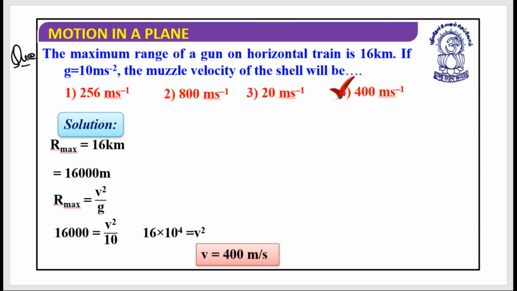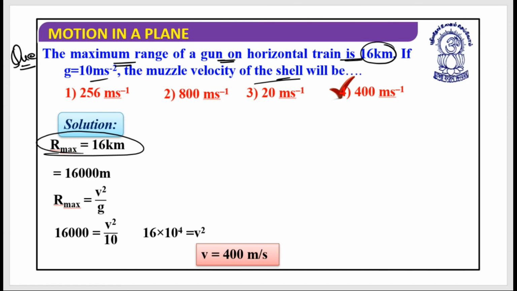What does it say? It says the maximum range of a gun on horizontal terrain is 16 kilometer. If g is equal to 10 meter per second square, the muzzle velocity of the shell is required. So what did they say? Range maximum is 16 kilometer, so it's 16,000 meter.